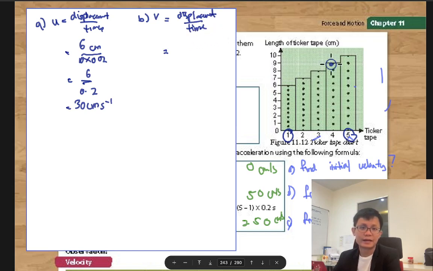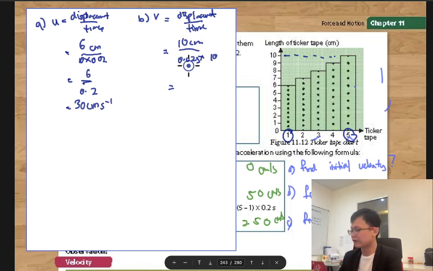Displacement divided by time. So here is 10 cm. 10 cm divided by 1 tick is 0.02 second times how many ticks? 10 ticks. So the answer will be 10 over s, cm over s. 10 divided by 0.2, how many will you get?